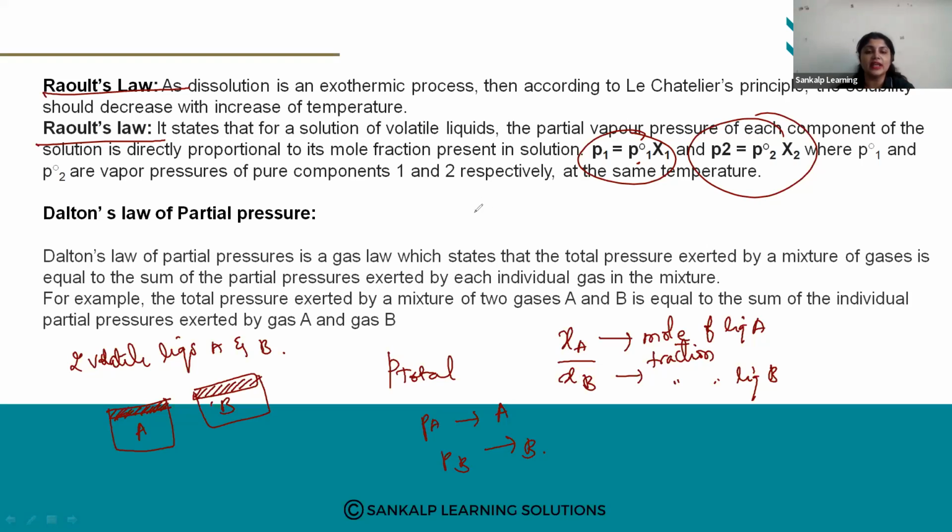So for component A, PA is directly proportional to its mole fraction. So PA equals XA into P naught A. What is P naught A?